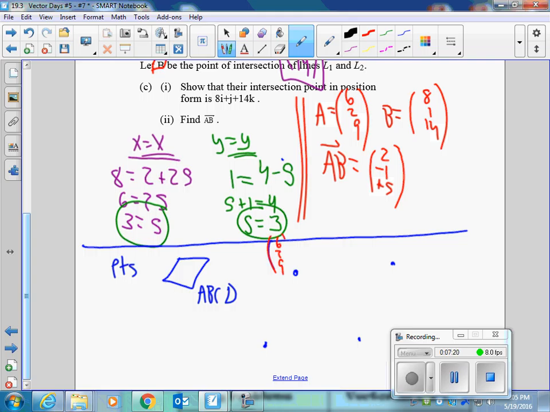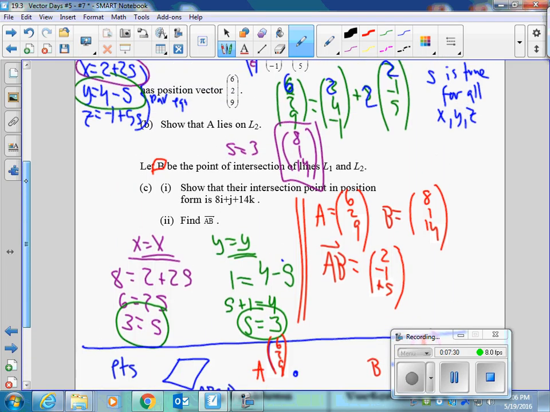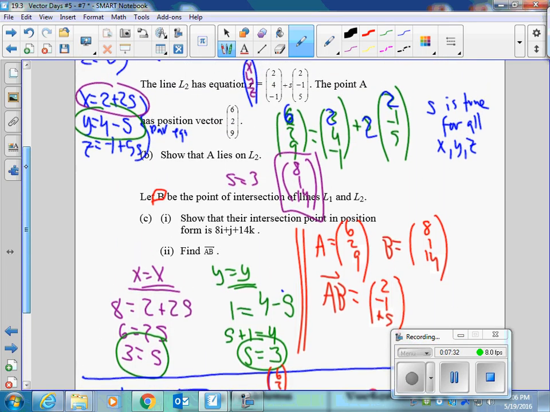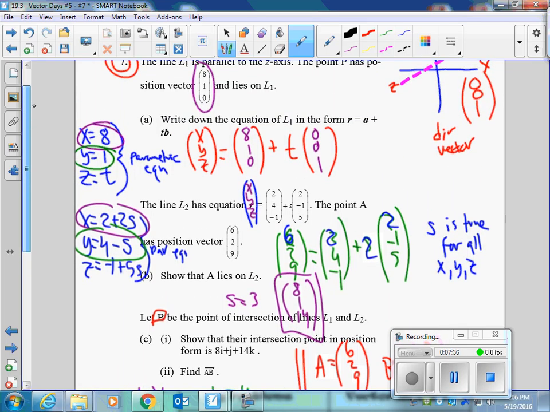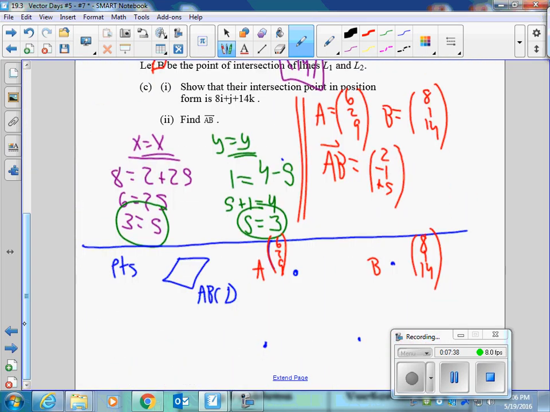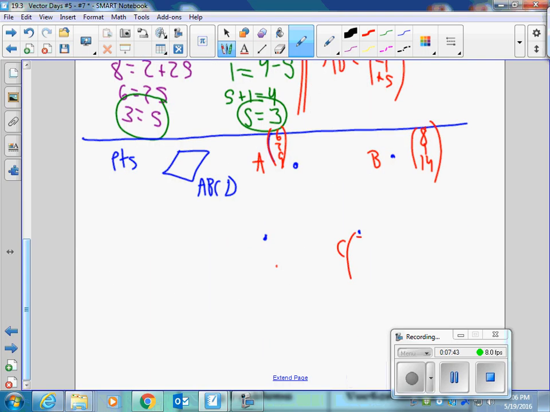B has a point 8, 1, 14. And we got to know C. Did they give us C? Where's C? Oh, it's on the page. Okay, so what does C say? 2, 1, negative 4. All right? And so now we want to find out what D is.